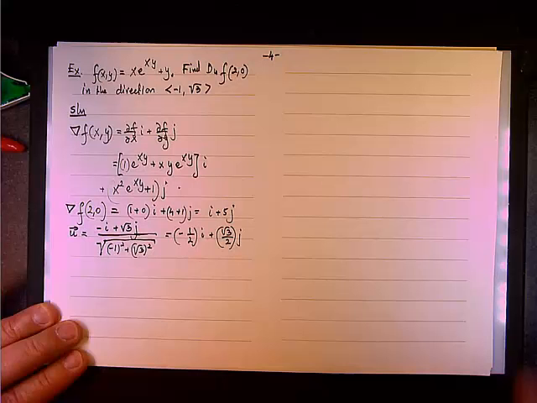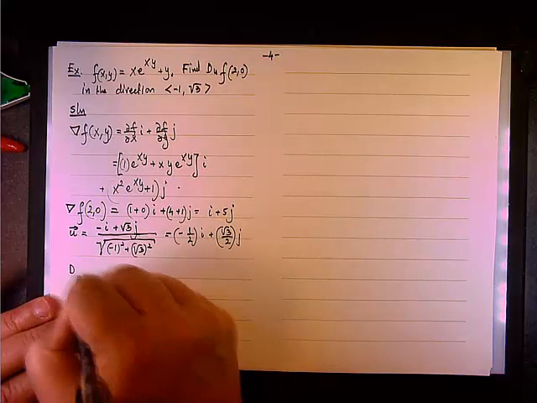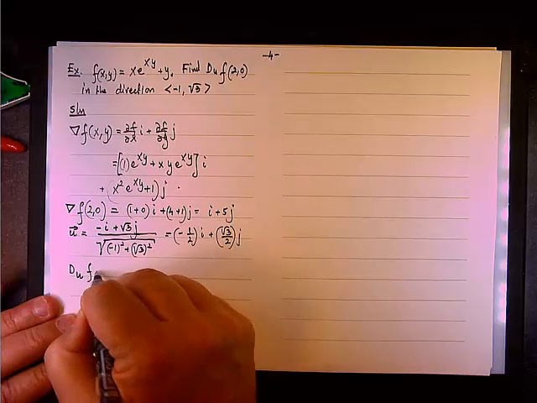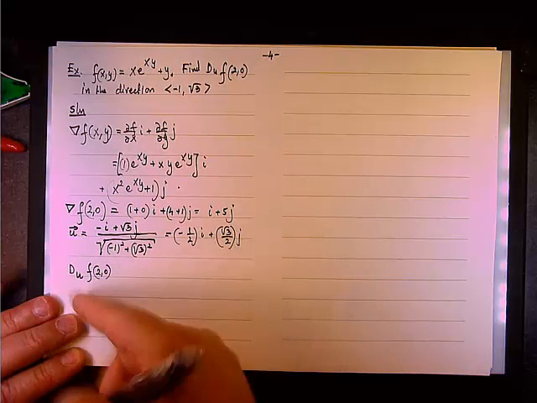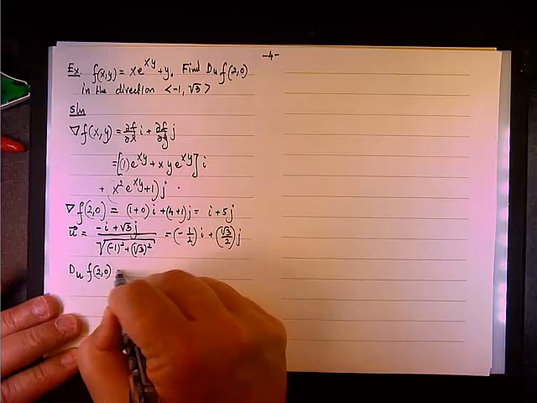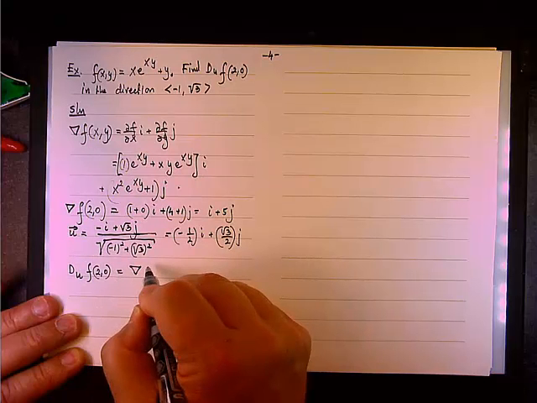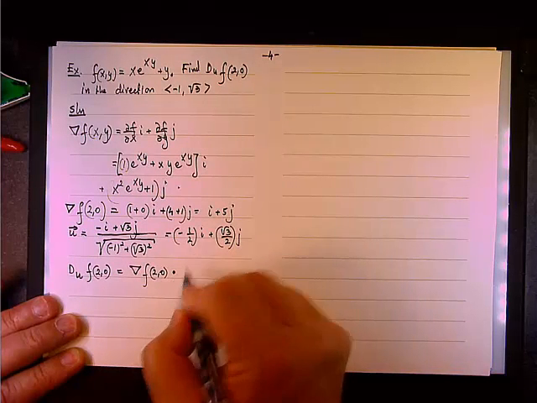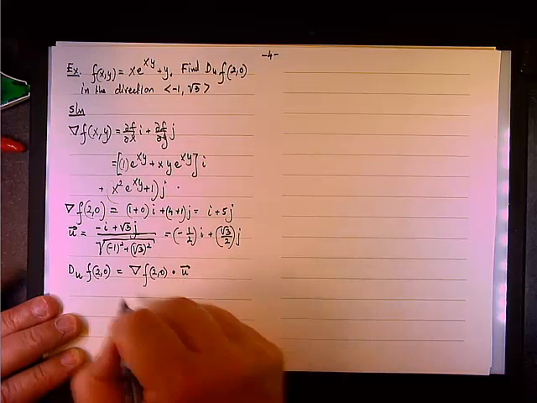All right, so now we are ready to complete the task. We're going to say that the directional derivative in the direction of u is the dot product of the gradient at 2, 0 with the unit vector.